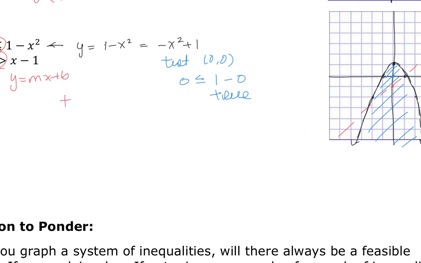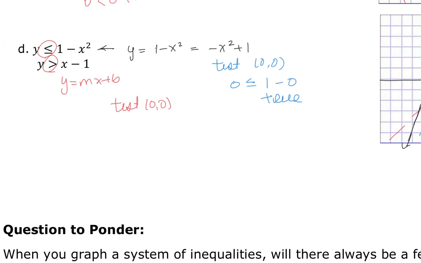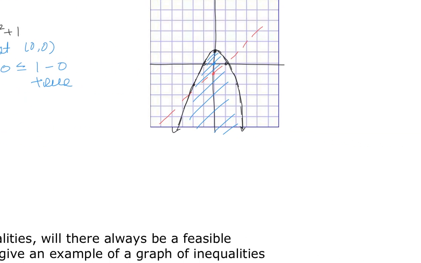And then I'm going to test (0, 0) on the other inequality. So is 0 greater than 0 minus 1? 0 is greater than -1. This is also true. So I'm going to shade toward my test point. And then again, my solution is in green. Okay.